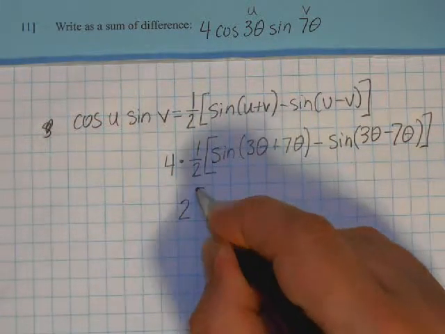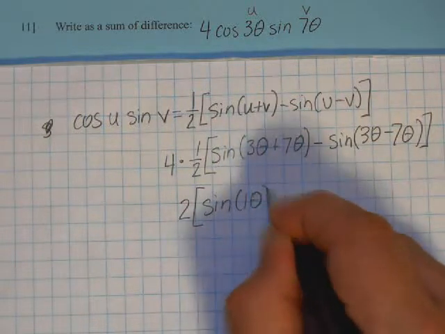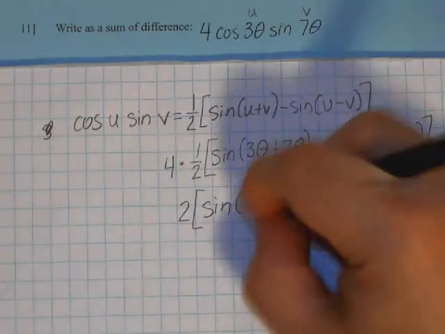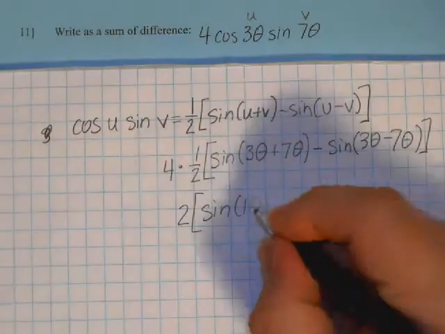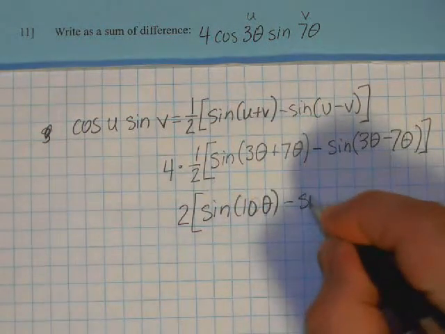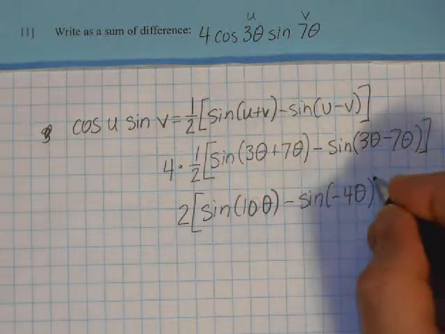So 4 times 1/2 gives me 2, and I get sine of 10 theta. Oops. Let's try it again. 10 theta minus sine of negative 4 theta.